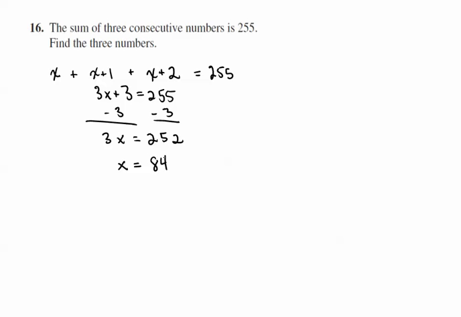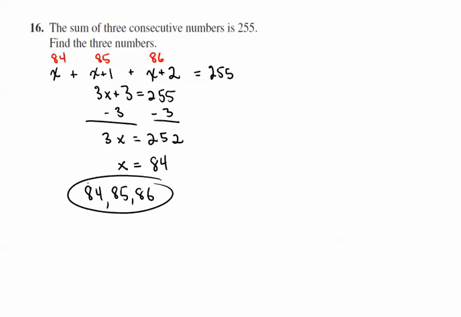So that means that the smallest number would be 84, one more than 84 would be 85, and two more than 84 would be 86. And so our answers are 84, 85, and 86 for problem number 16.